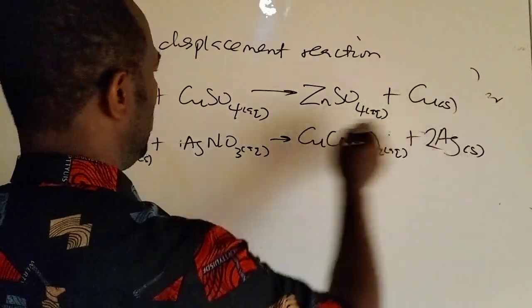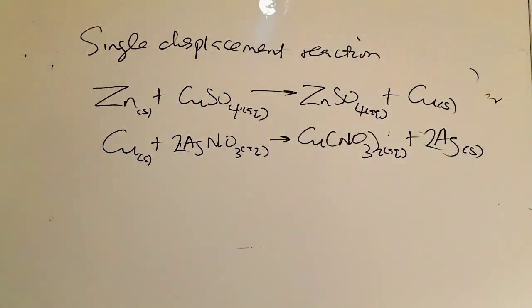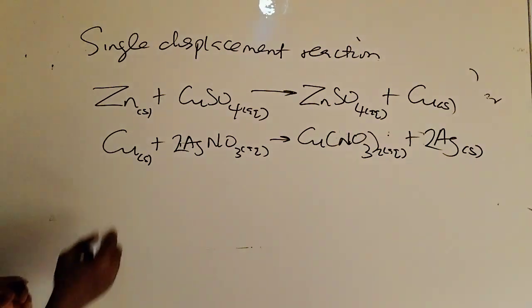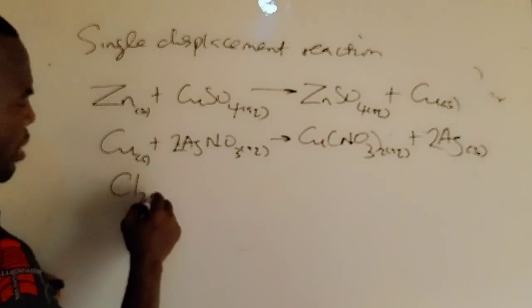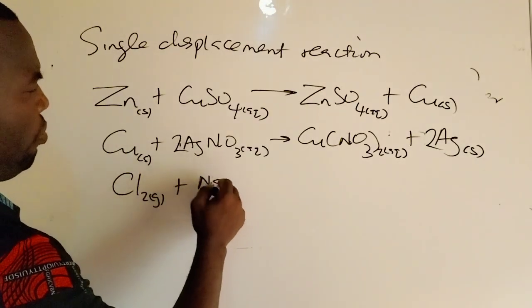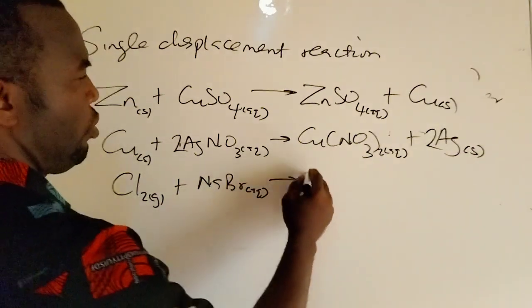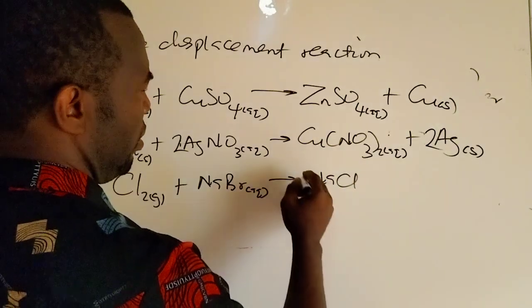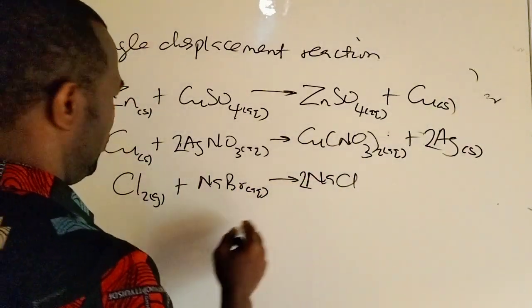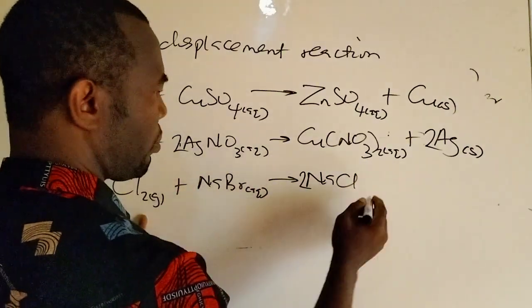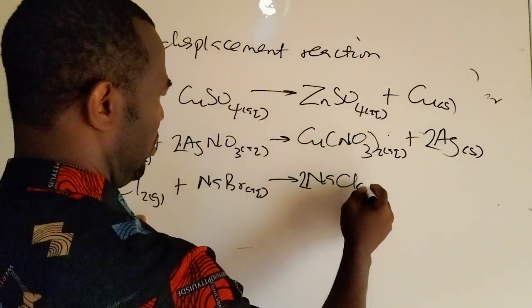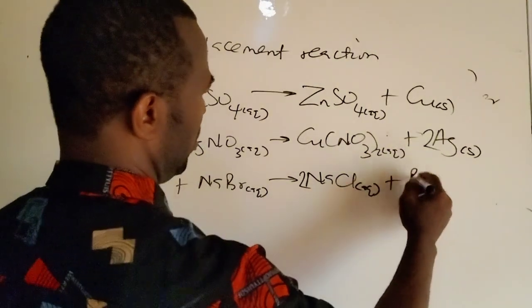Example three, you have chlorine gas plus sodium bromide, giving us sodium chloride plus bromine.